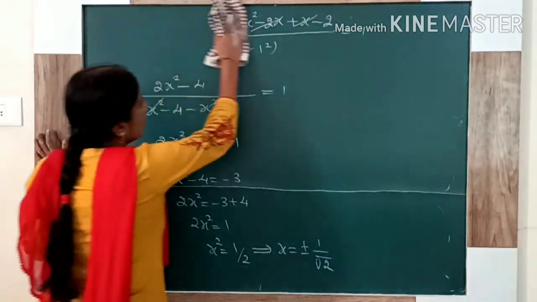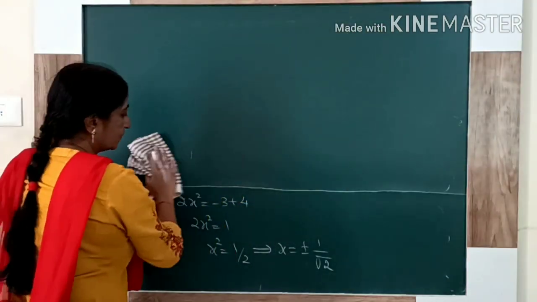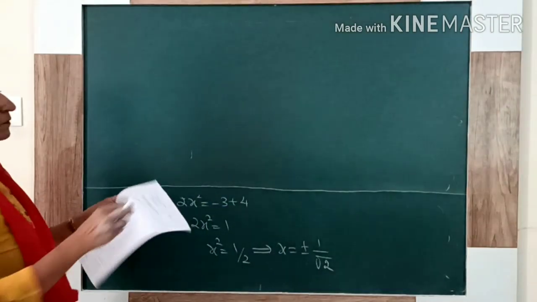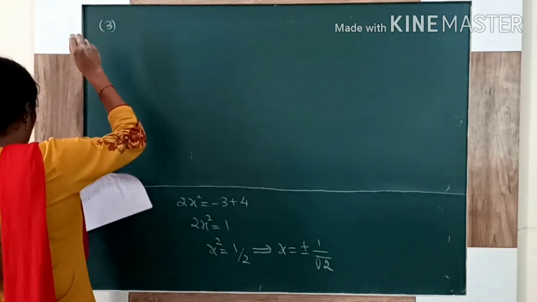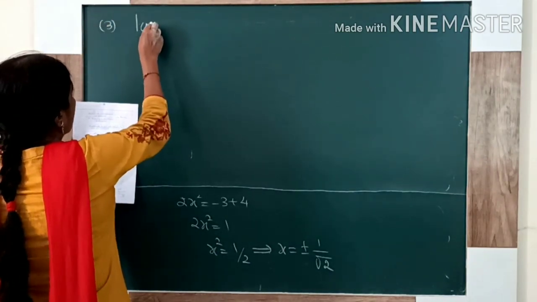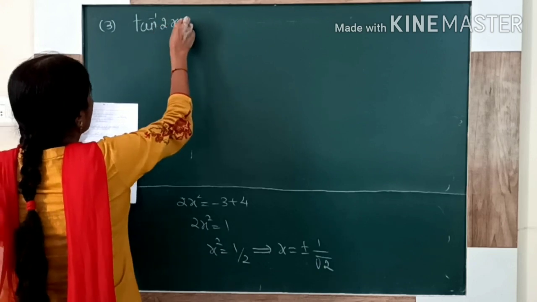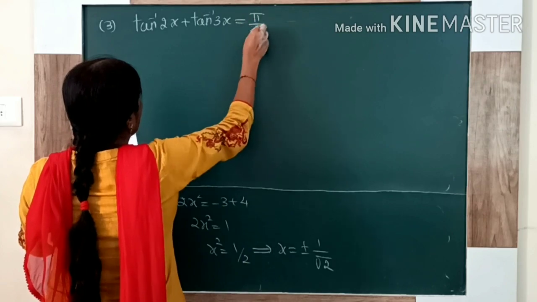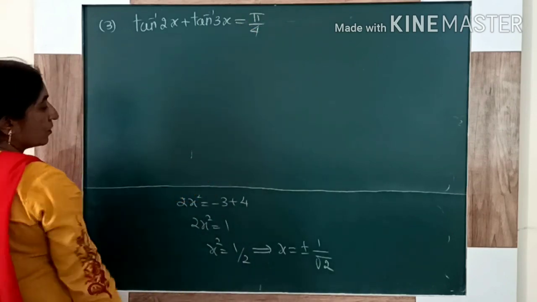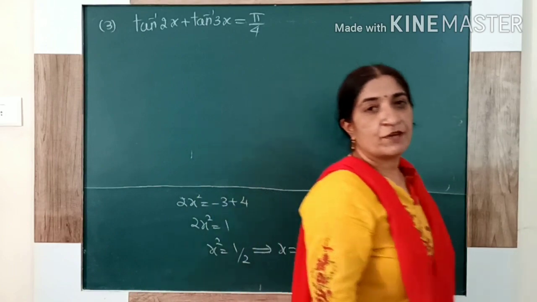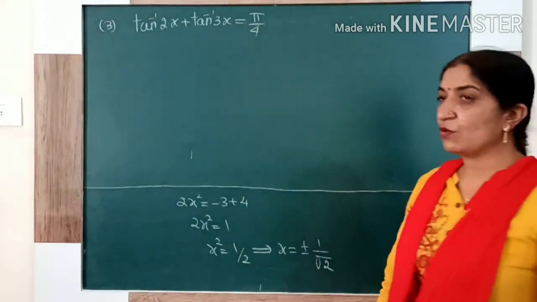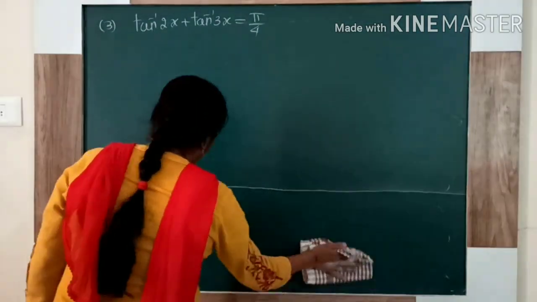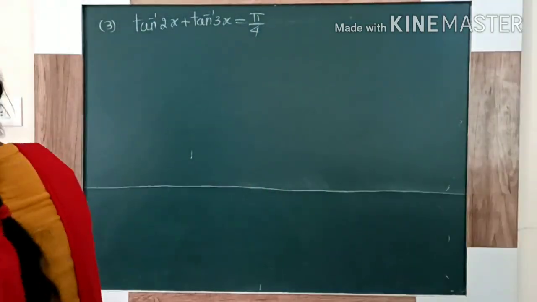Now I am giving you the next example. Tan inverse 2x plus tan inverse 3x is equal to pi by 4. This is also under the same category. Find the value of x, or sometimes they give solve for x, or simply solve. At that time we have to write the LHS as well as the RHS.